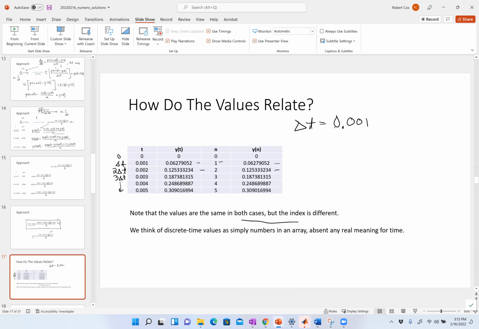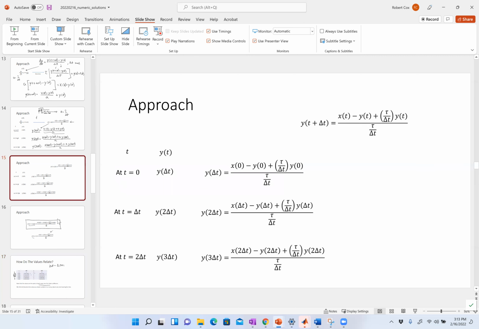Okay, so what I want to do is take a look at how I would code this. I did a very step-by-step process. What am I doing in the context of computers? I'm using the values at 0 to figure out the values at delta t.